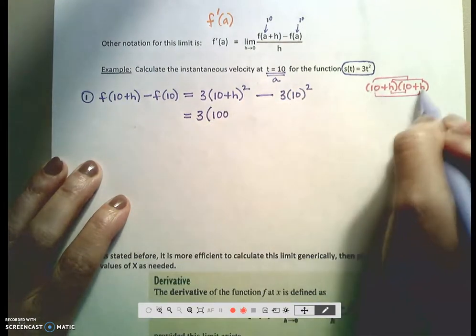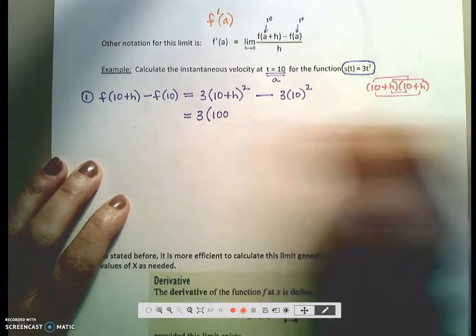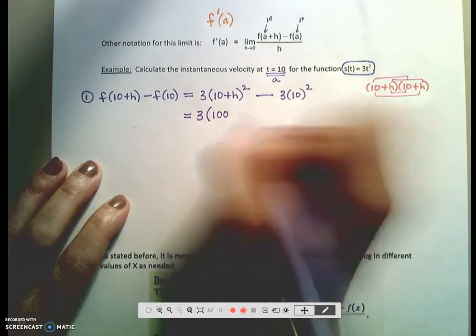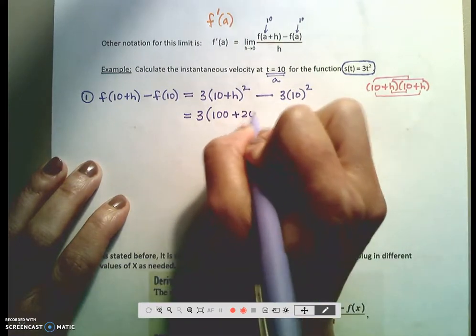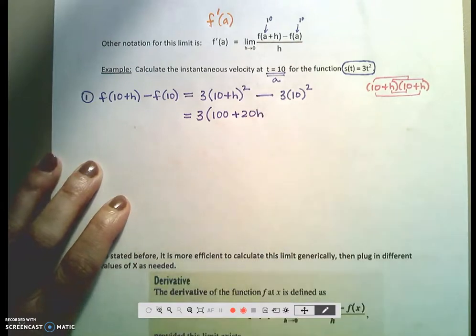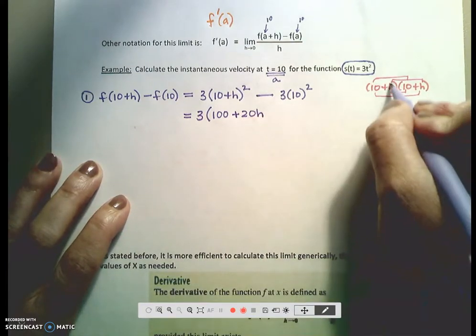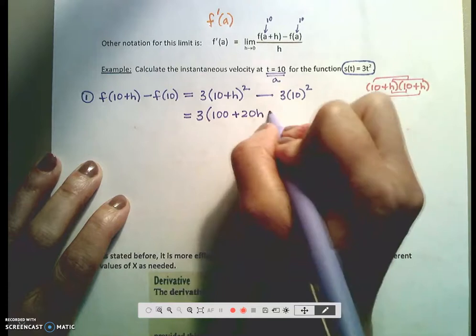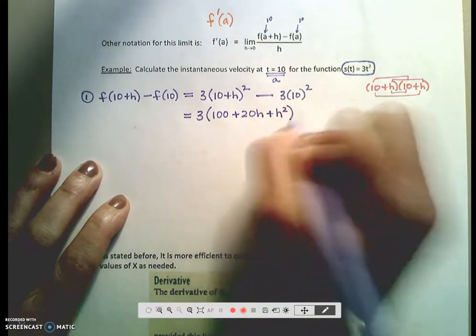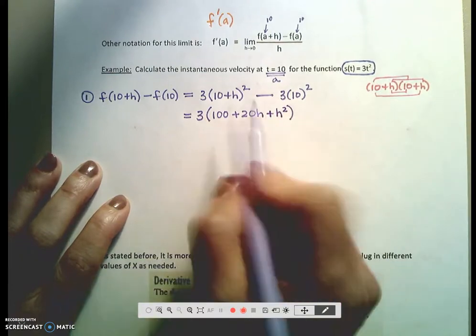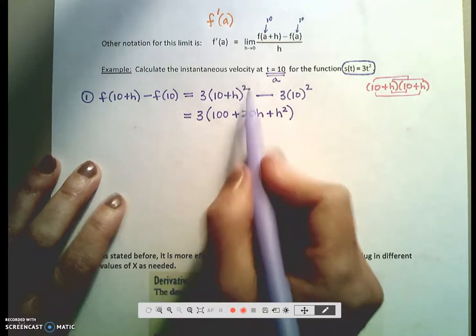On the outside you get 10h, and on the inside you also get 10h, so that's going to make 20h. And then on the far end you're going to have an h squared. So this is 10 plus h squared, all multiplied out.